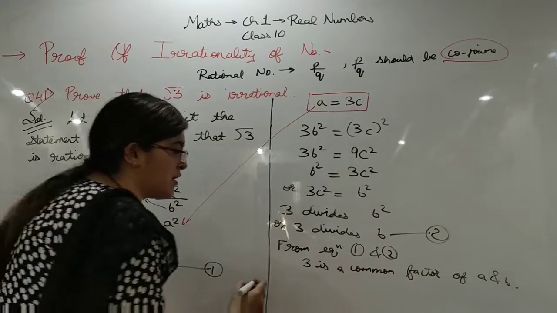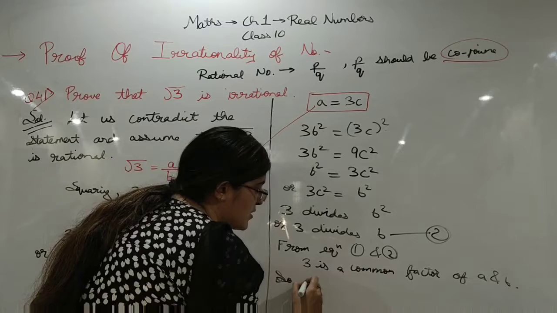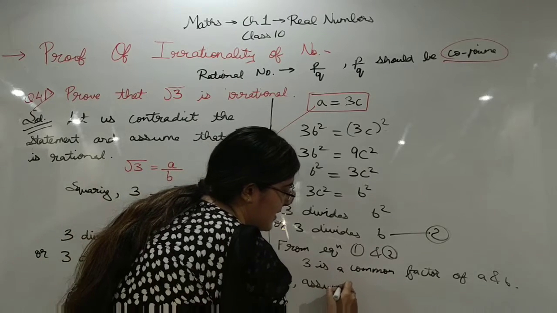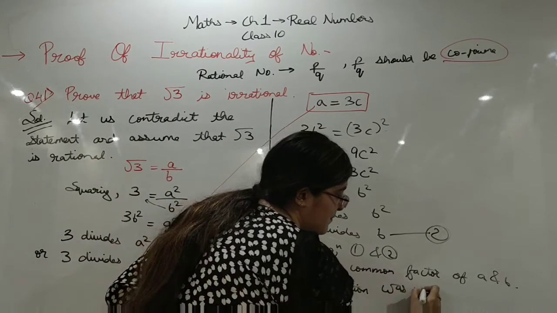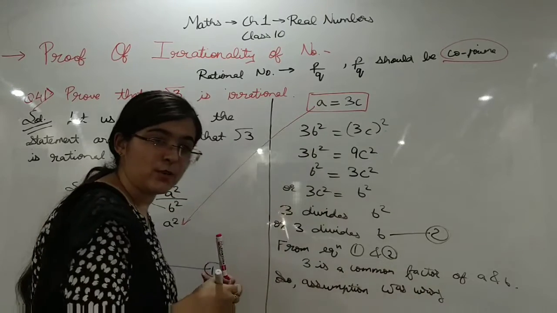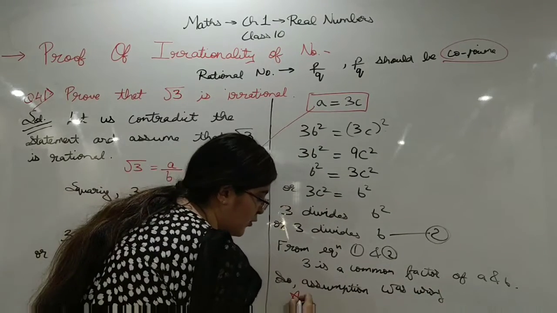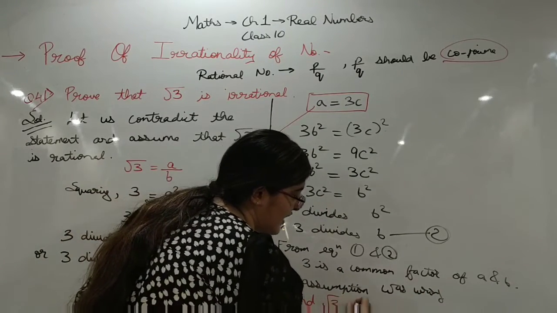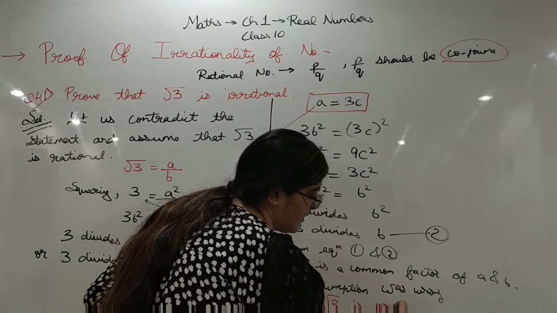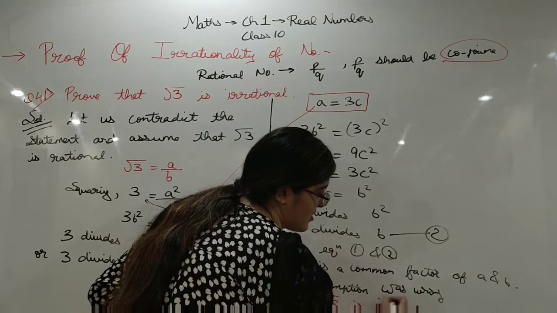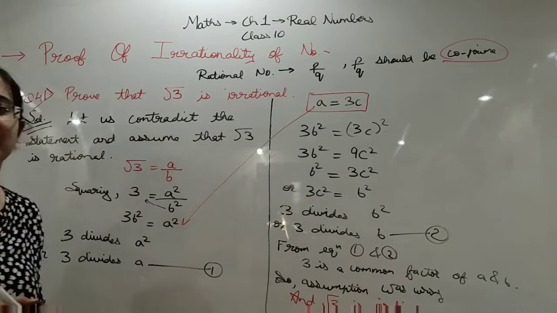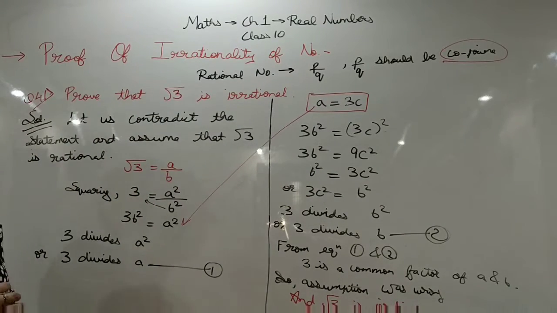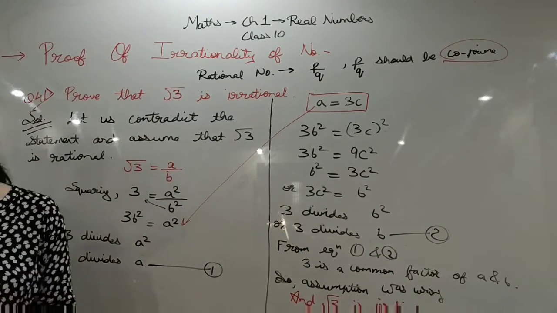That means our assumption was wrong. So our assumption was wrong, correct students? And root 3 is irrational. Okay, these questions are very important. Just remember the steps. Pause the video and note it down in your copy.